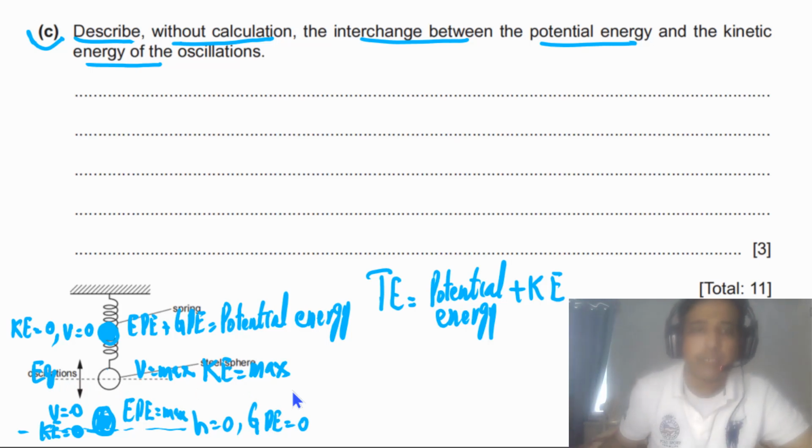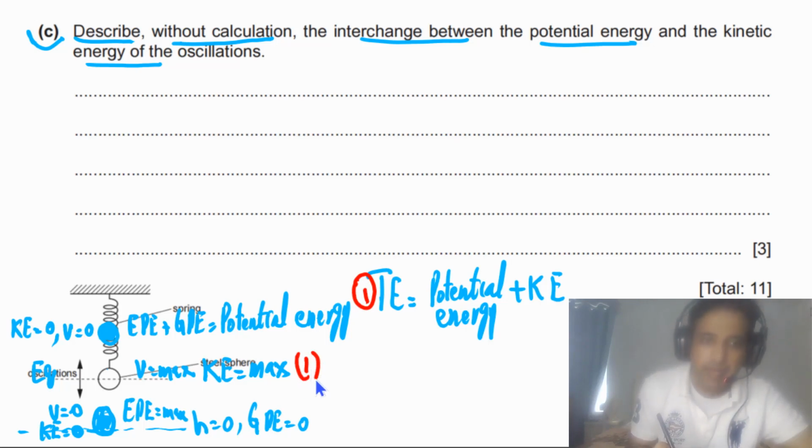So if you have understanding of these points, we can write down our answer. In our answer we can mention this point 1. We can also say kinetic energy is maximum at equilibrium, so this will be the second point, and we can say kinetic energy is 0 at extreme positions, meaning at the maximum displacement.